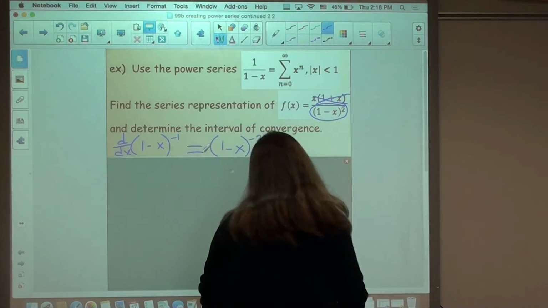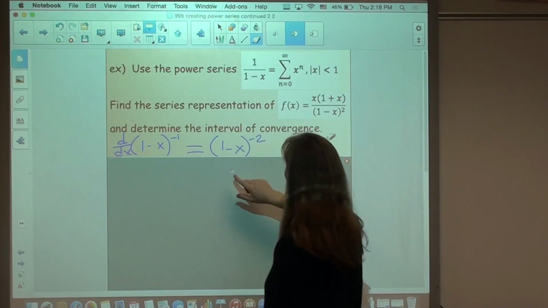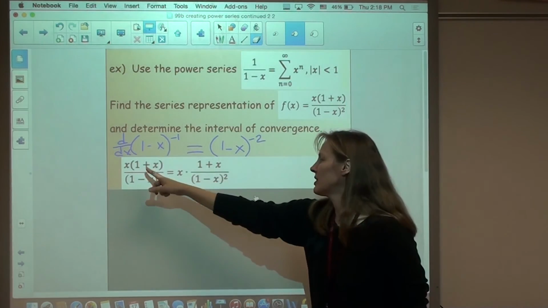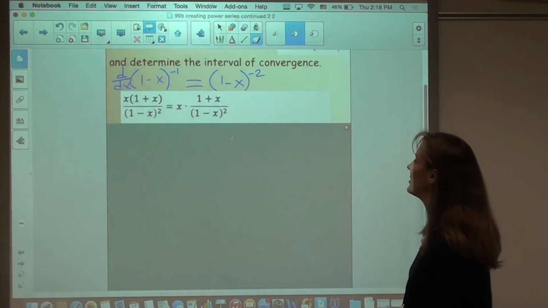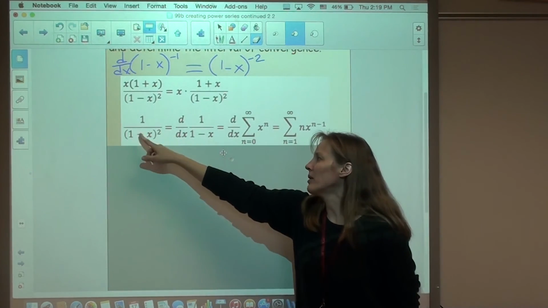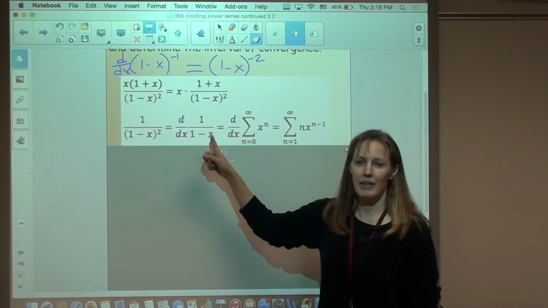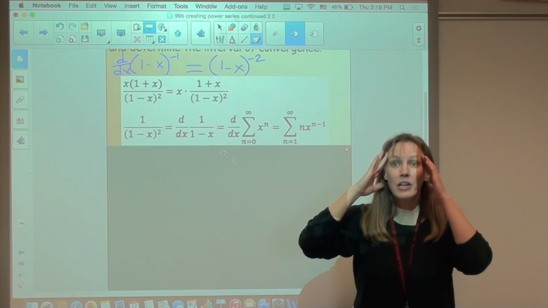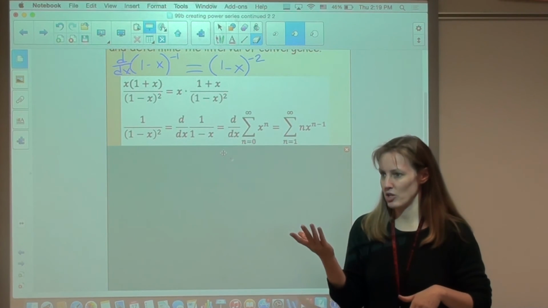Okay. So in order to start, I'm going to kind of walk you through this. So here we go. Ignore, I was just saying, oh look, you can pull the x up front. Let's just focus on this. So we're going to focus on this first. Oh good, it's working. Okay. So 1 over 1 minus x squared is the derivative of 1 over 1 minus x. We just said that. So you always want to think, how can I relate it to what I'm given, using one of those simple operations, right?